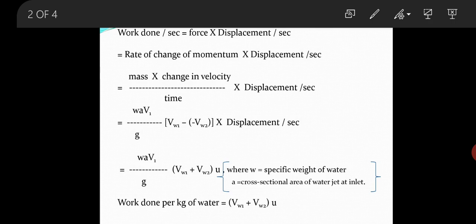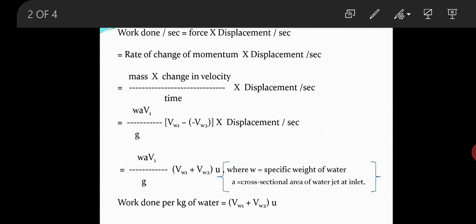If we take this mass as 1 kg, what will be the work done per kg of water? This W a V1 by g is equal to 1 because we are calculating work done per kg of water. So this is equal to (VW1 plus VW2) into U. So this is the work done by the Pelton wheel.